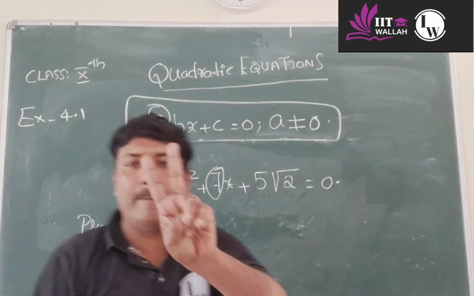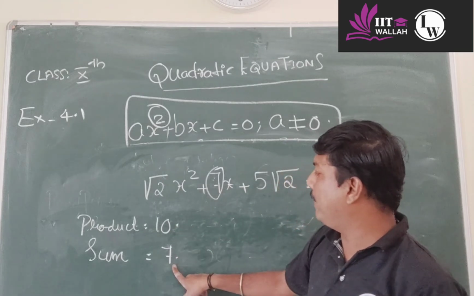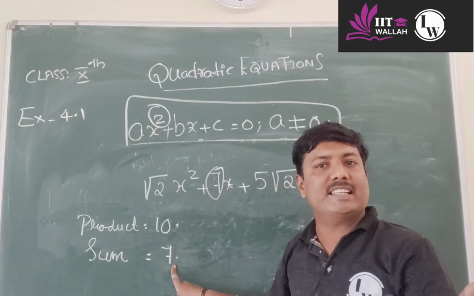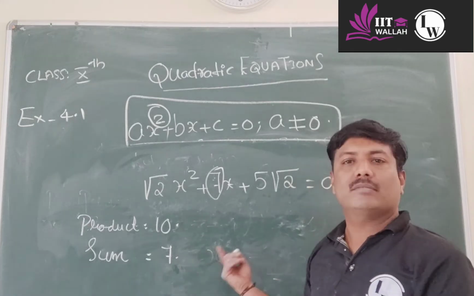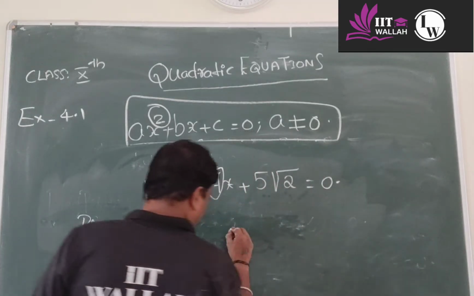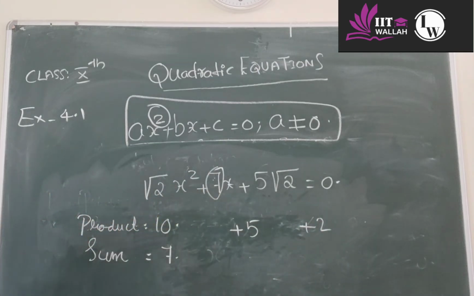Now you think about two numbers whose product is 10 and sum is 7. Obviously it is 5 and 2. 5 times 2 is 10, and both are positive, no confusion here. So plus 5 and plus 2. The product is 10, the sum is 7.